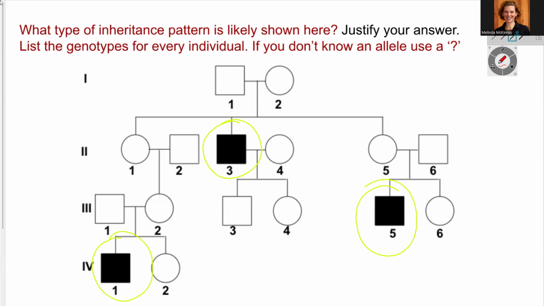So if you had to guess, you could make a very good hypothesis that this might be an X-linked recessive trait, because only the males are showing the trait, right? And we have a decent sample size here. All right, and that's it for this video.